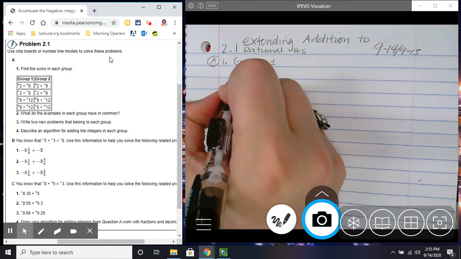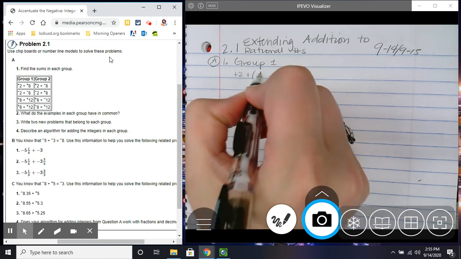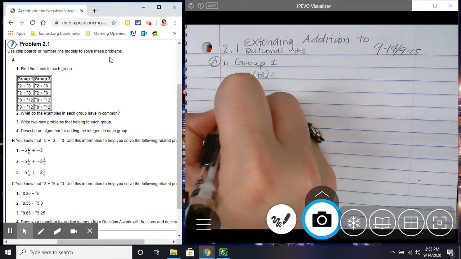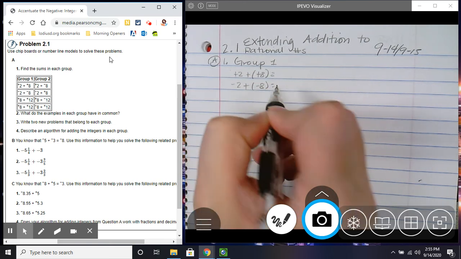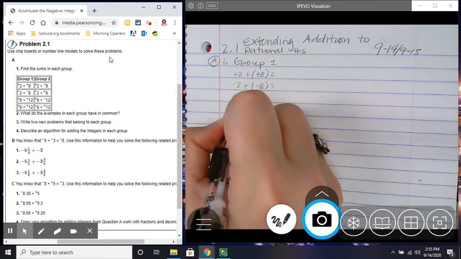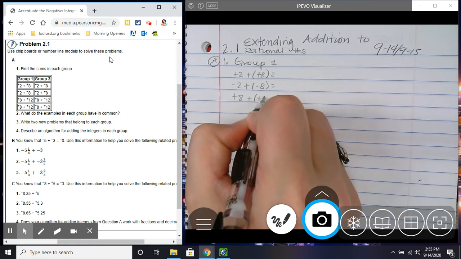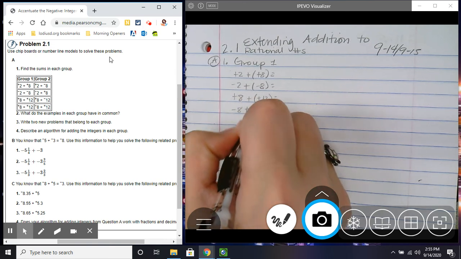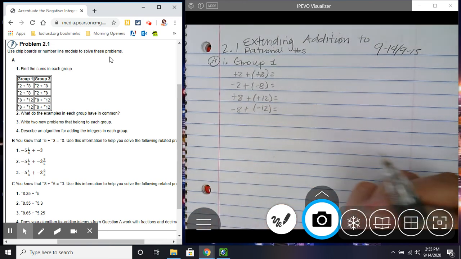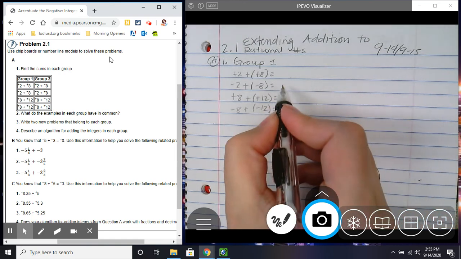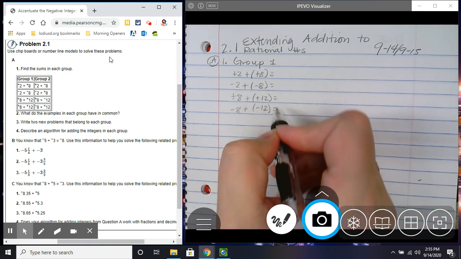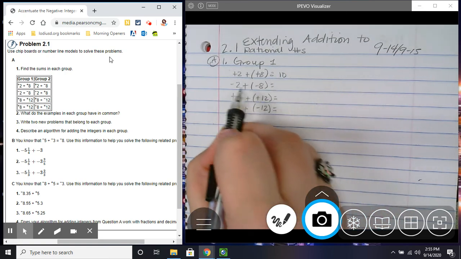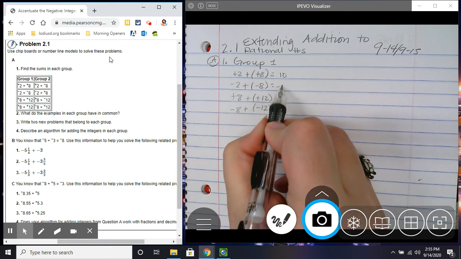It has +2 plus +8, -2 plus -8, +8 plus +12, and -8 plus -12. So you're basically just going to go down the list here and give the answers for each one. So this first one is going to be 10. The second one is -10.